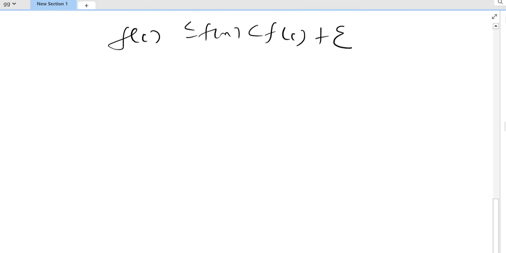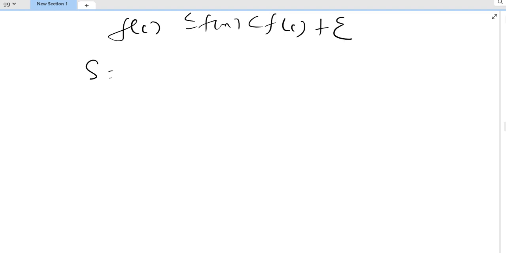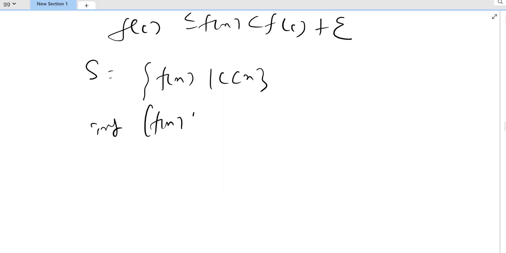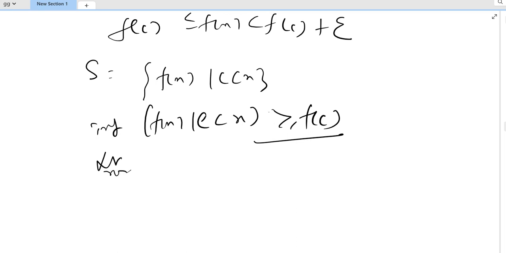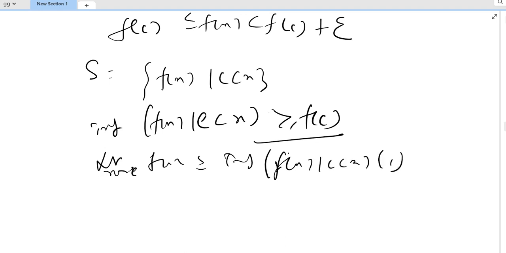Now if we consider the set of all f(x) for c less than x, therefore this infimum of f(x) for c less than x is greater than or equal to f(c). This is done. So therefore, the limit as x approaches c of f(x) is related to the infimum of f(x) for c less than x.